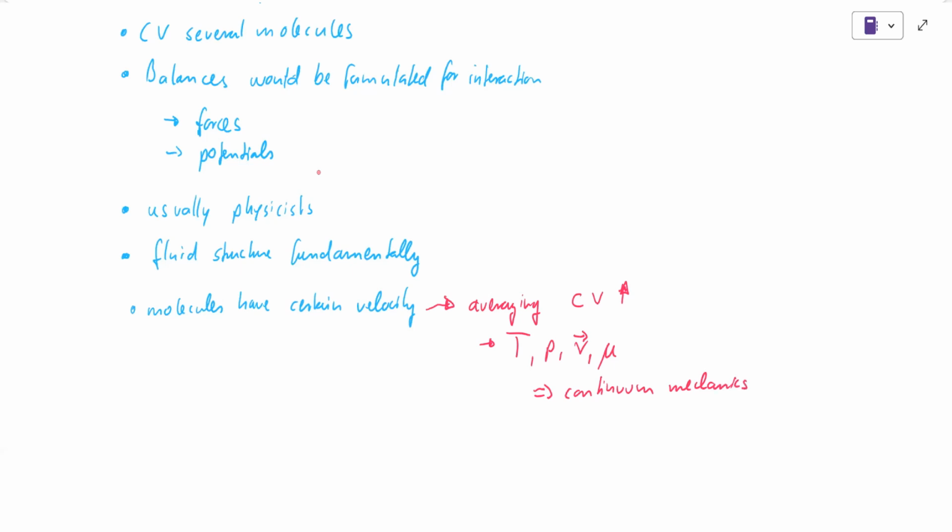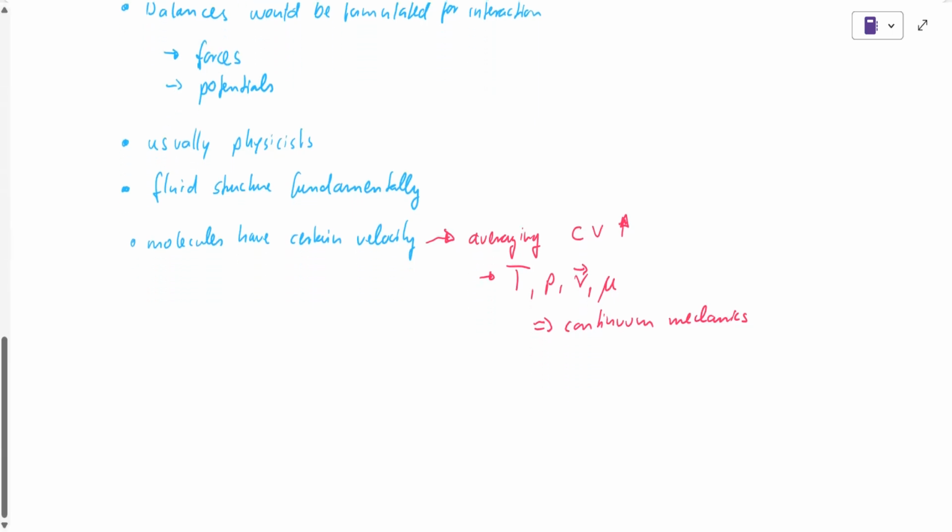But of course, if we are choosing another length scale after averaging in a greater control volume, we are leaving the molecular length scale, then we have a different length scale.